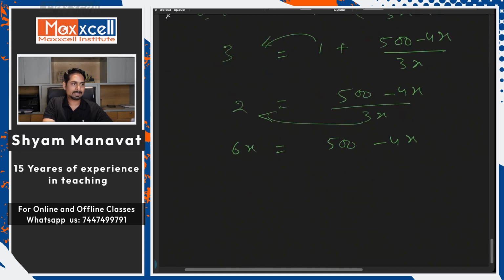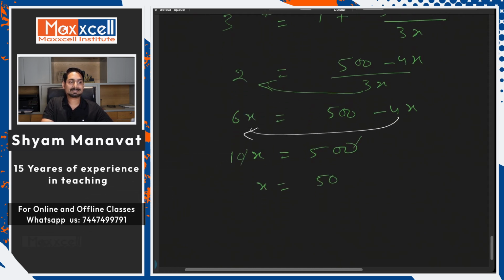If I take 4x there, negative will become positive. So this will become 6 plus 4, 10x. If 10x is equal to 500, guys, tell me what should be the value of x? Of course, 50. Cancel 0, 0, 50. x is 50.